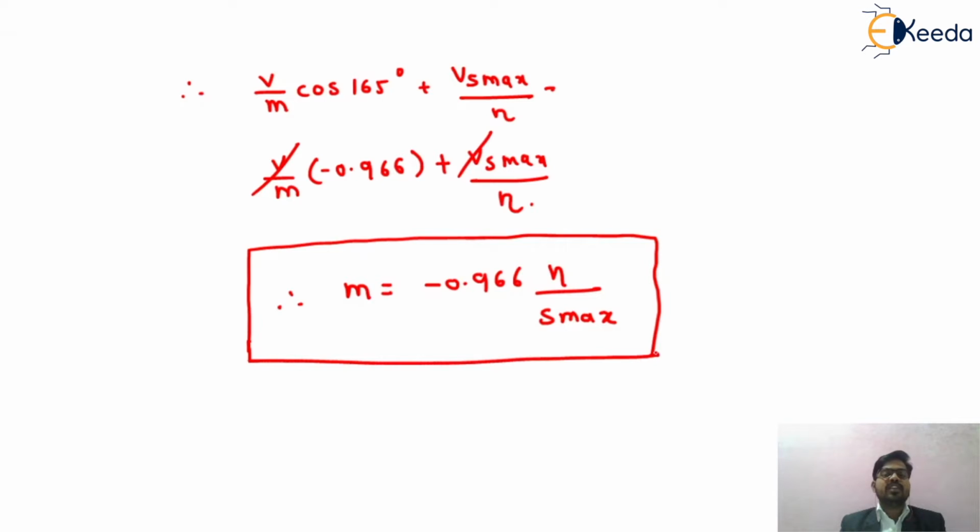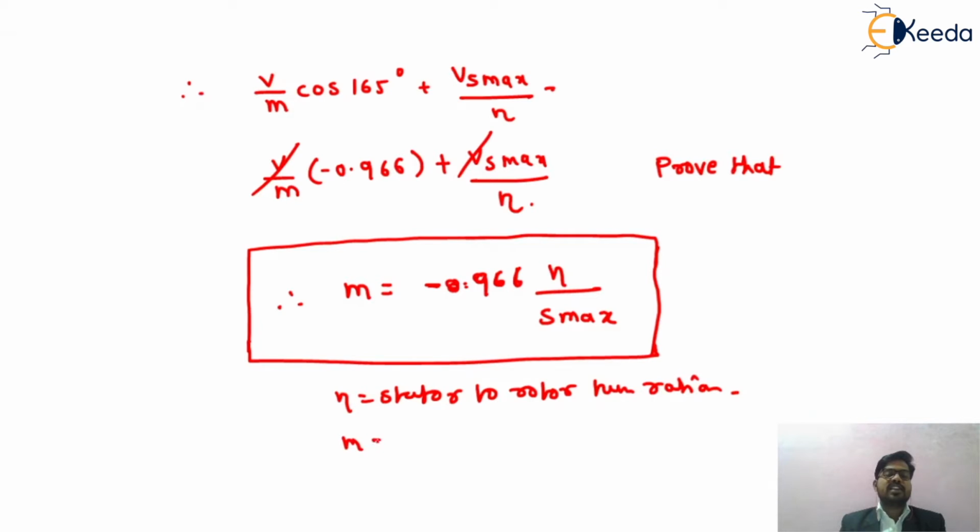that is, prove that m is equal to minus 0.966 n divided by s max, where n is called the stator to rotor turns ratio, and m is called the transformer turns ratio, or we call it the source side converter transformer turns ratio.